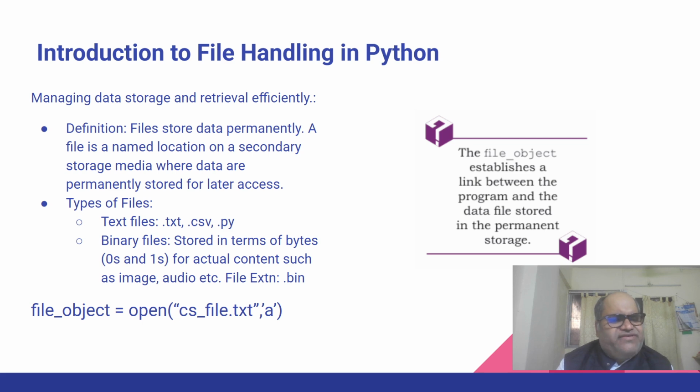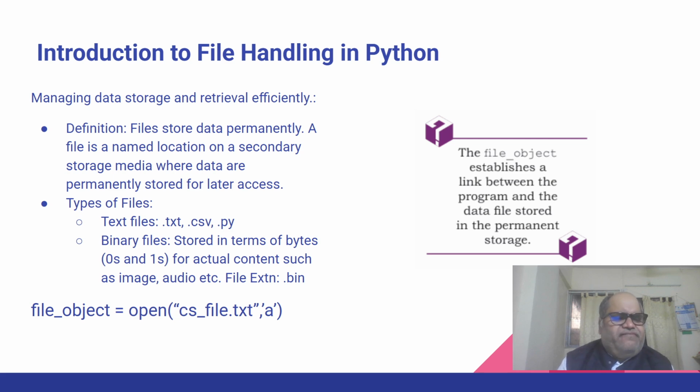This is a named location on the secondary storage like your disk, where data are permanently stored for later access, and it can be accessed through some kind of link that is associated with an identifier in your code block.